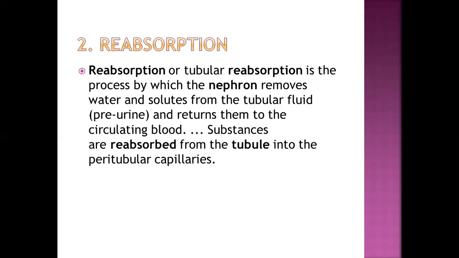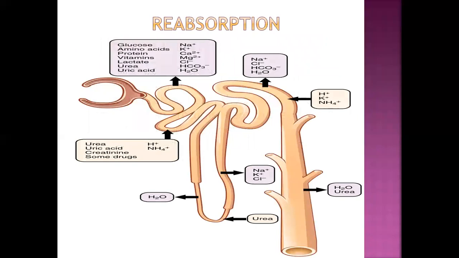The loop of Henle has permeability to water and sodium ions, but is impermeable to any other solute. The descending loop of Henle, this one after the proximal convoluted tubule, has permeability to sodium and water, and it is impermeable to all other materials.